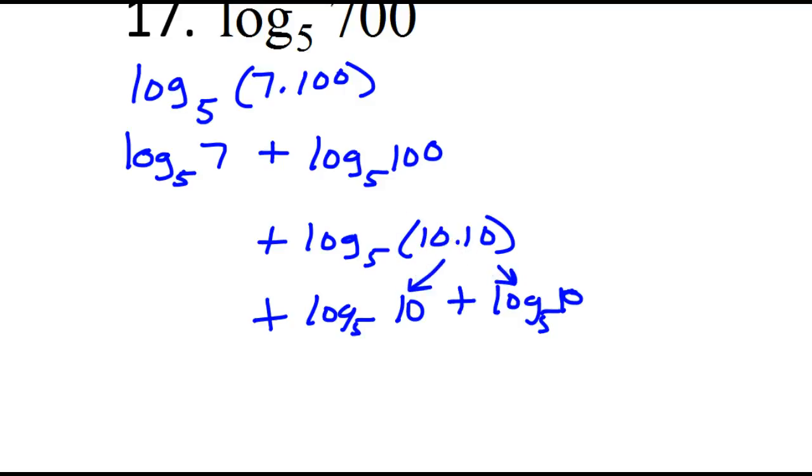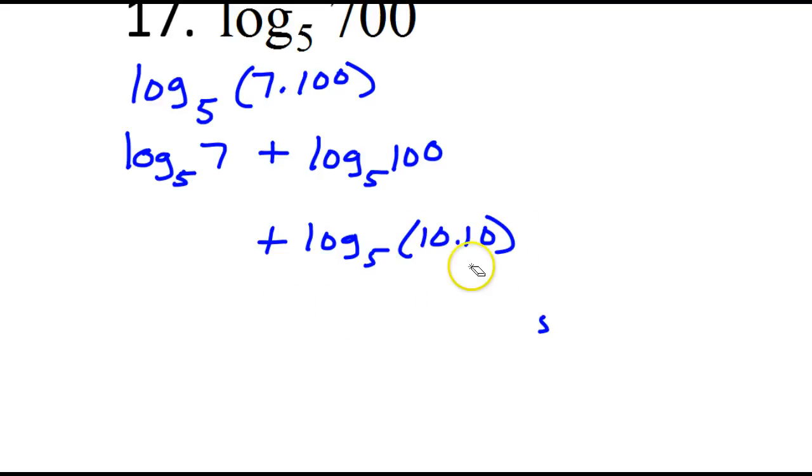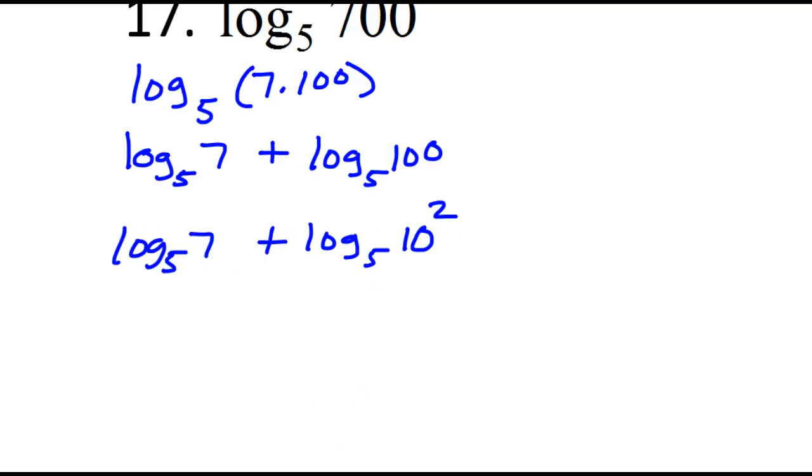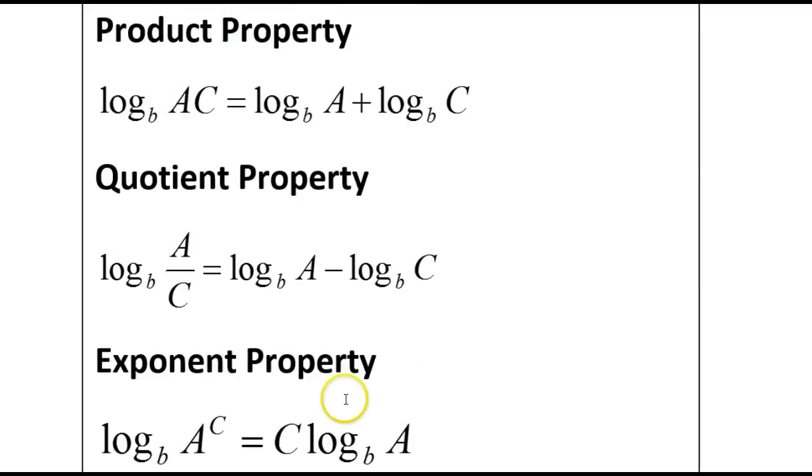Or perhaps a simpler way to do it is to remember that 100 is 10 squared, you know, 10 times 10. So I could write it as 10 squared instead. Now I would use the exponent rule, which says if I have an exponent in there, I can put it in the front.